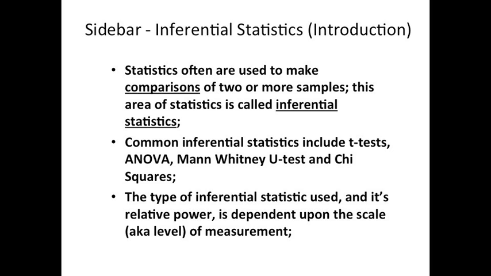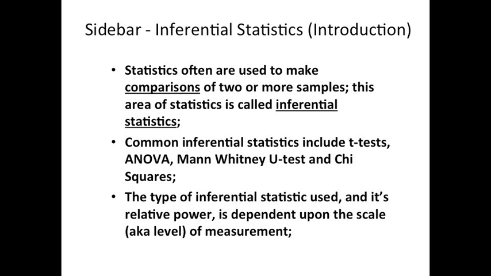But essentially you use an inferential statistic to compare the data in one sample to the data in another sample to determine whether the treatment did something that was statistically significant in some way. Some common inferential statistical tests include t-test and ANOVA, which probably people have heard of, Mann-Whitney U-test, and chi-square. Hopefully you've heard all those different terms.